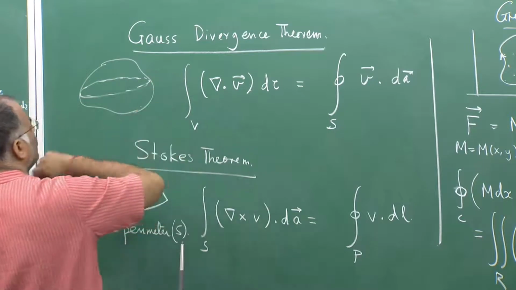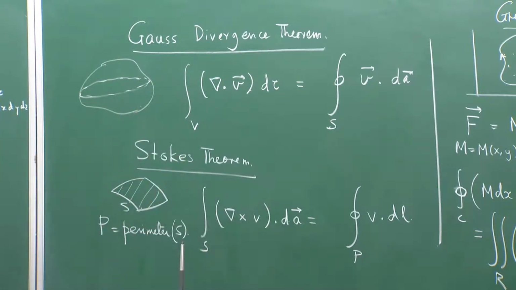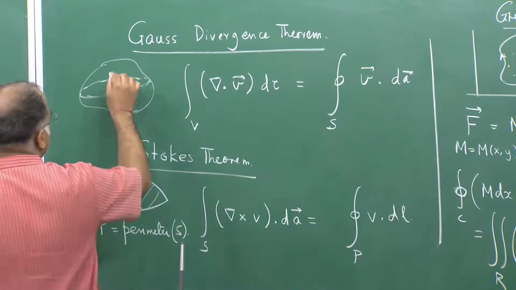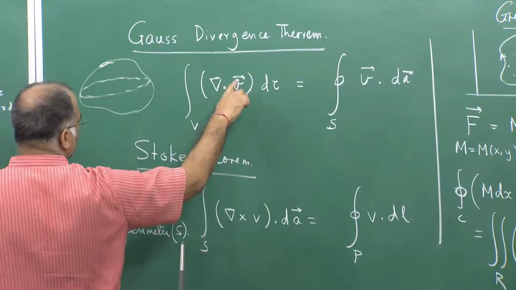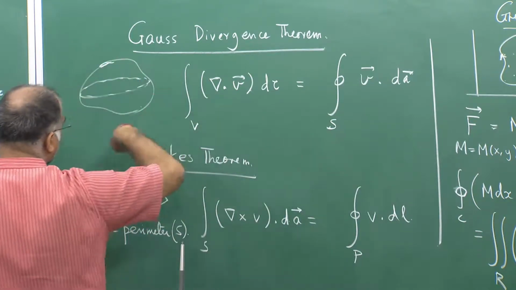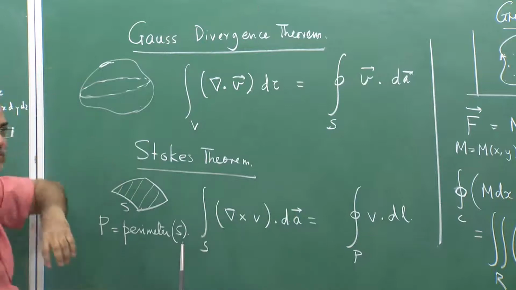So, basically I am taking the volume integral of the divergence of a vector over this. So, how it is moving out from the volume.